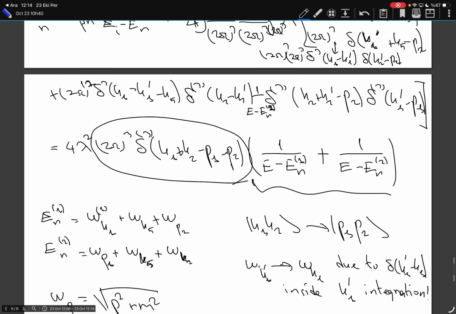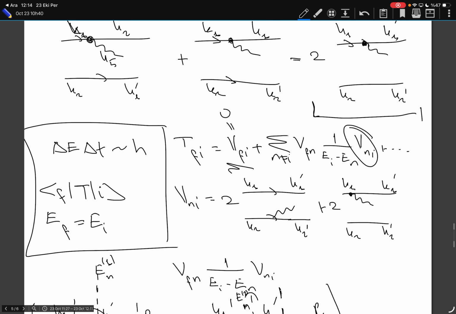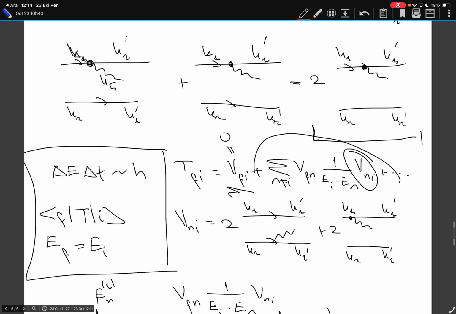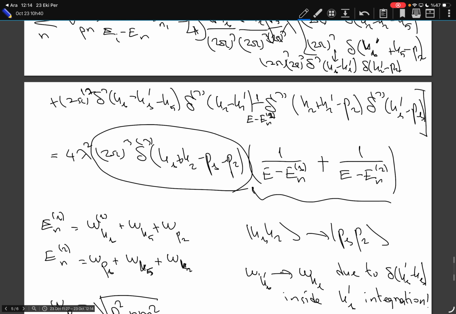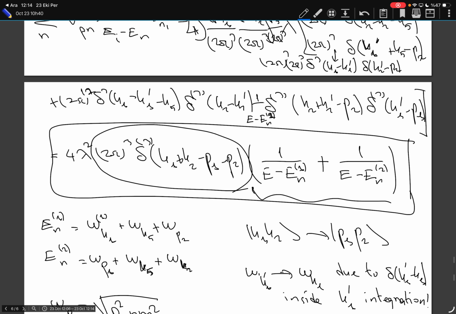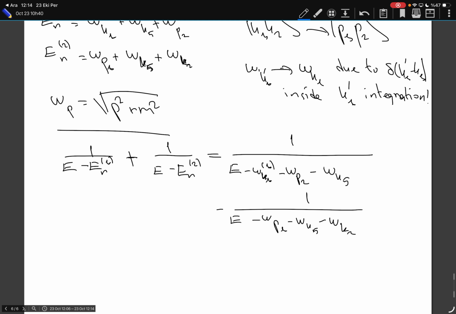You see, if I go back, in this expression, I already evaluated that expression, by the way. That expression is given by this term, this whole thing. And the only thing that I need to somehow simplify is that sum over 1 over E minus E ends. And they are these expressions.